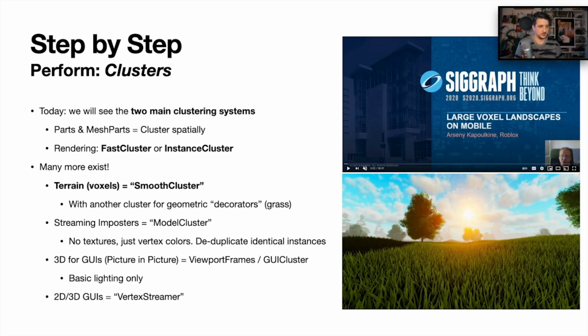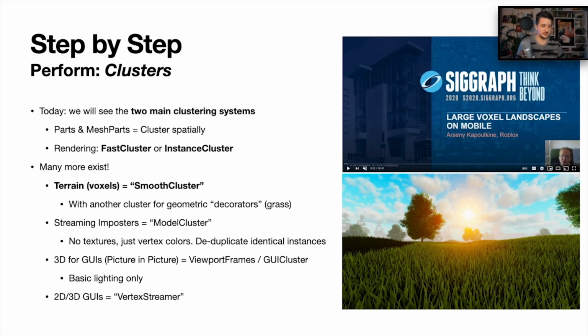But we have many other clustering systems. So the terrain rendering is what we call smooth cluster, and then we have another clustering system that generates what we call decorators, that right now is the grass that goes on top of the terrain. We have far imposters for faraway models, and those get rendered with a system that we call model clusters.